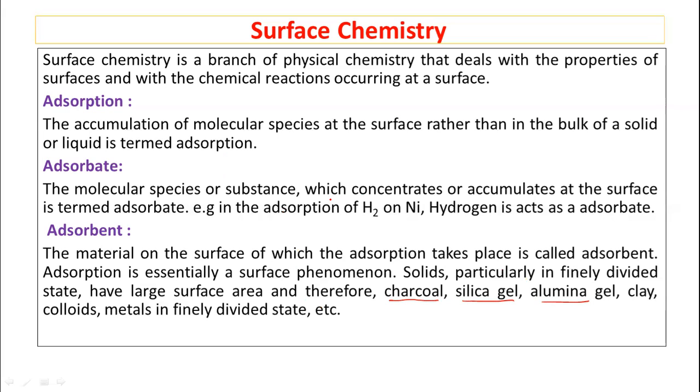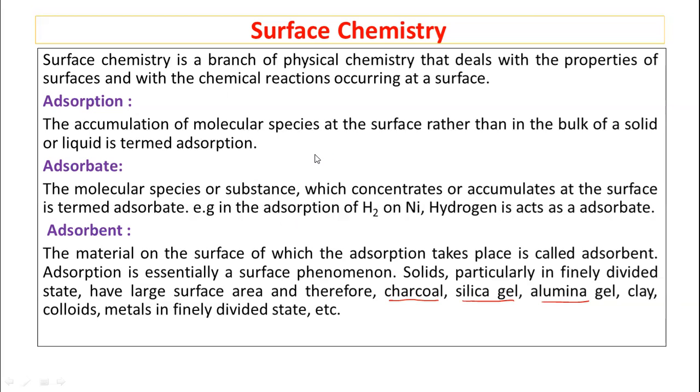Most of the transition metals act as adsorbents and as catalysts, and on the surface of the catalyst, many reactions take place. For example, nickel, platinum, palladium. These transition elements are very good catalysts because they can adsorb substances on them.